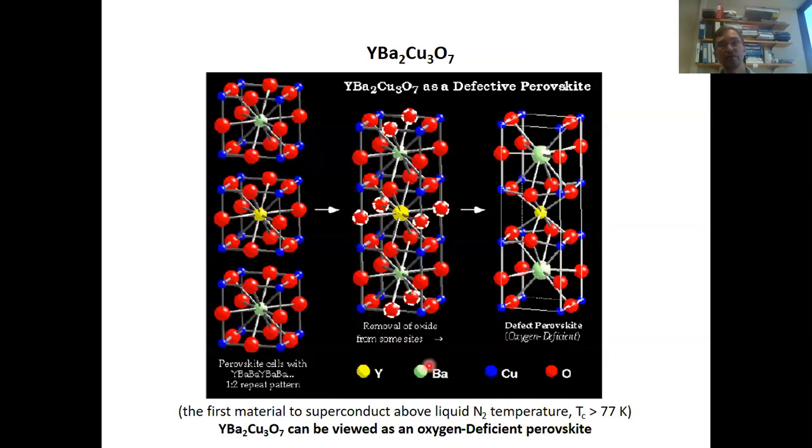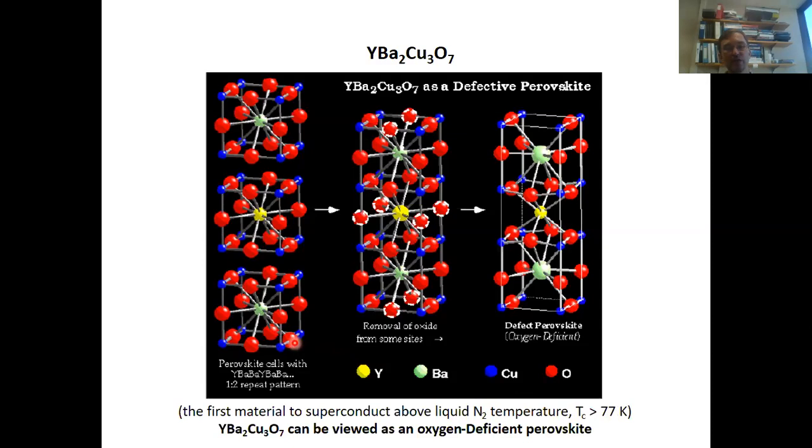And shortly later, the first oxidic superconductor that conducted above the temperature of liquid nitrogen, 77 Kelvin, was discovered. From that point on, of course, superconductors became a lot more practical, because one can reach fairly easily the temperature of liquid nitrogen just by cooling nitrogen down to its condensation temperature. And we have a lot of nitrogen in the air, so it's pretty straightforward to do that.